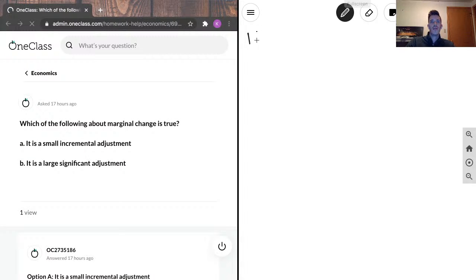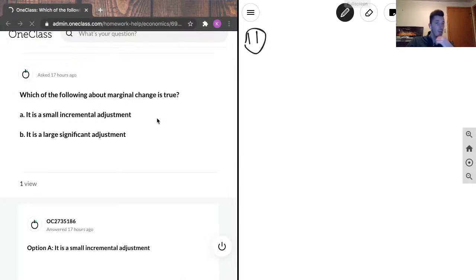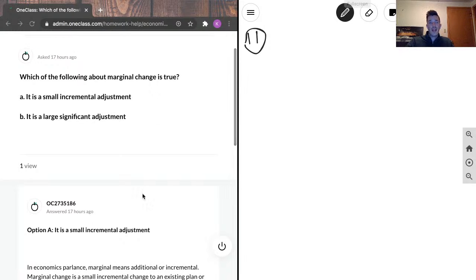Question 11. Which of the following about marginal change is true? A, that it is a small incremental adjustment, or B, that it is a large significant adjustment. I did go over this a bit earlier, but I will go through it again. Here we see that option A, it is a small incremental adjustment, is the correct answer, and that is true.